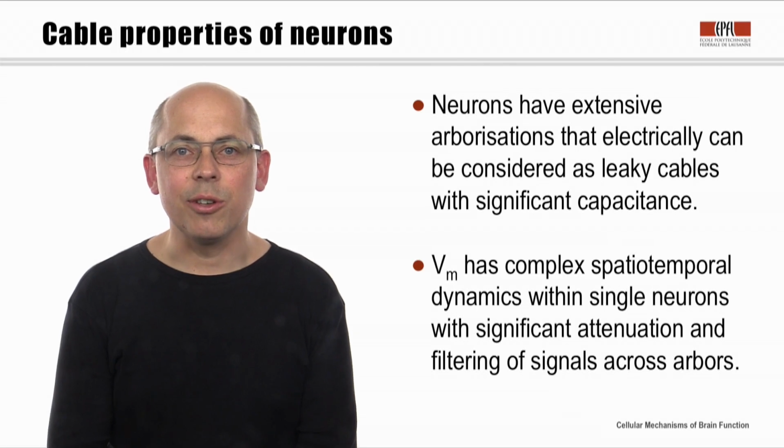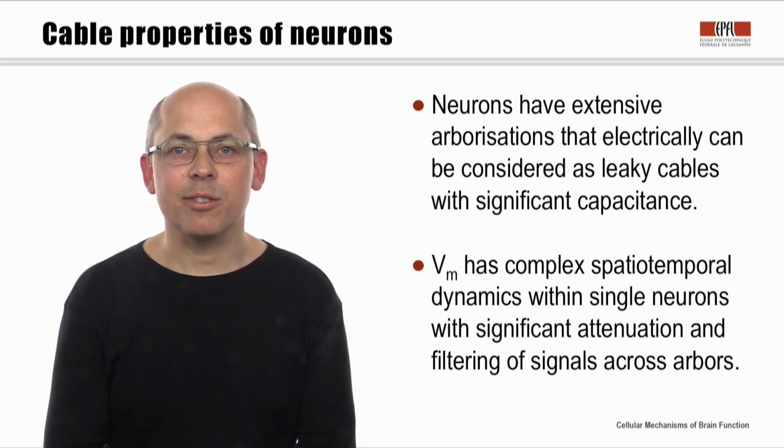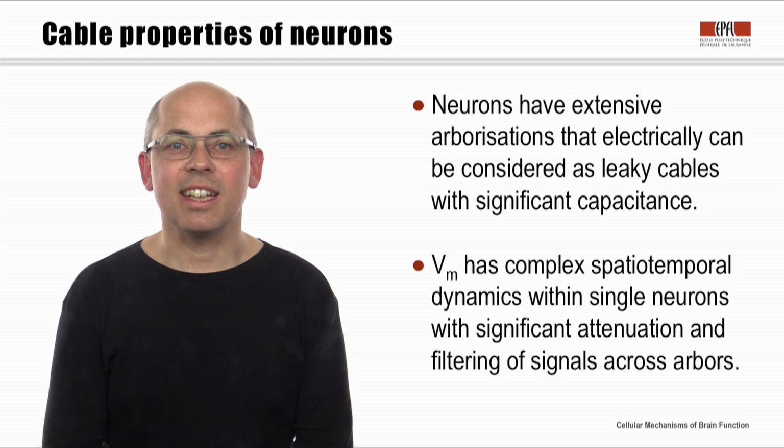So in this lesson we've learned about the complexity of neuronal membrane potential. Neurons have extensive arborizations that electrically can be considered as leaky cables with significant capacitance. Membrane potential, therefore, has complex spatiotemporal dynamics within single neurons with significant attenuation and filtering of the signals across the arbors.